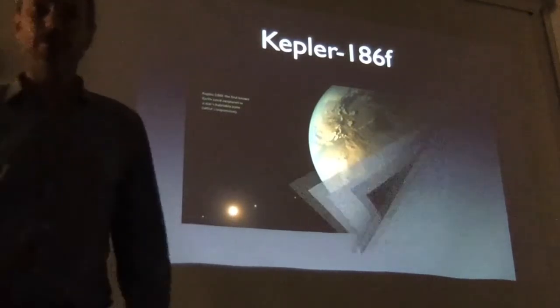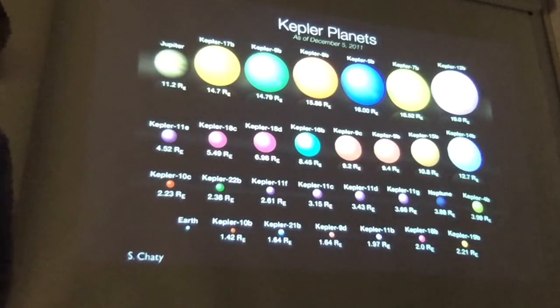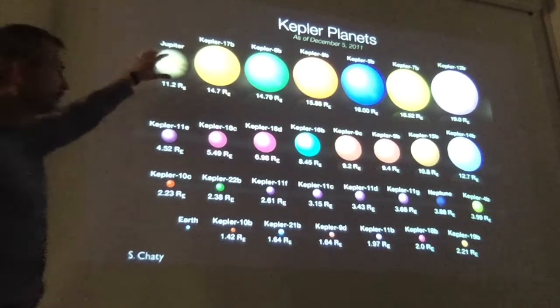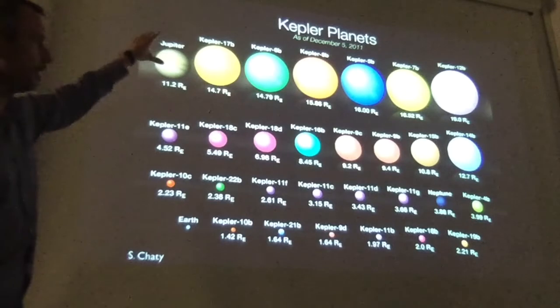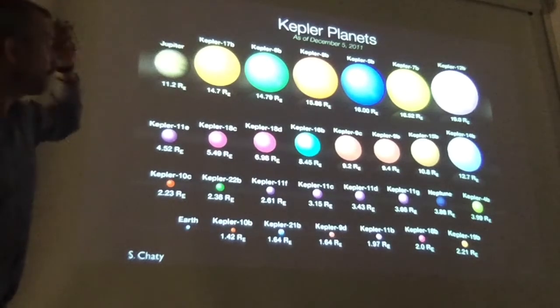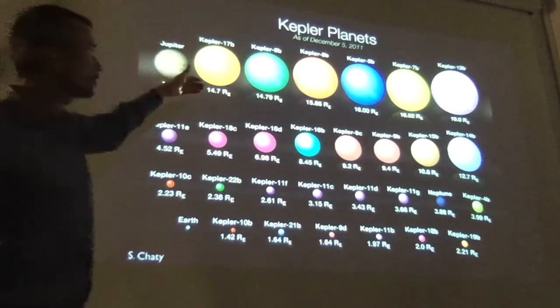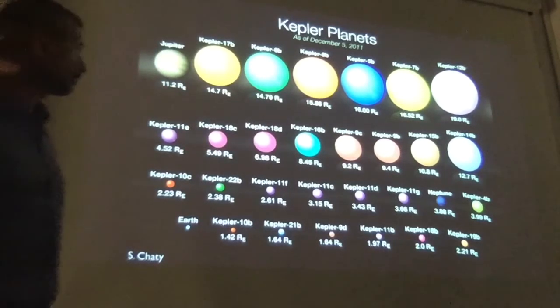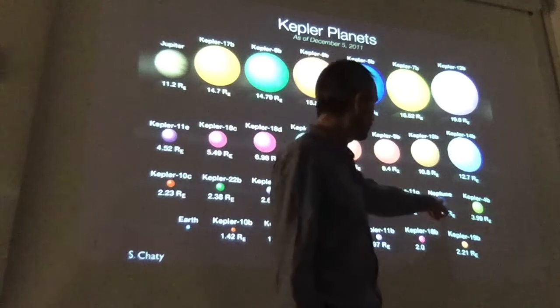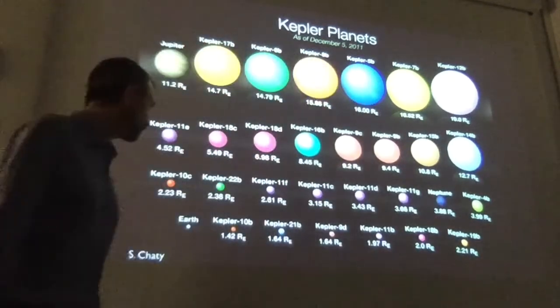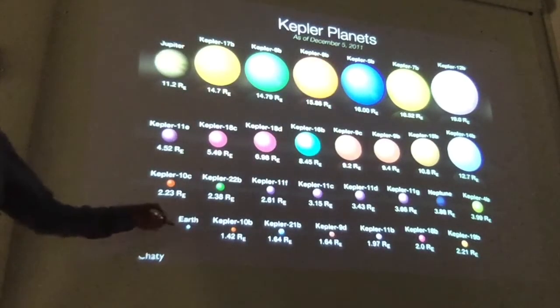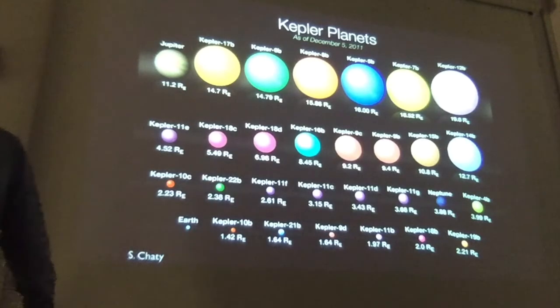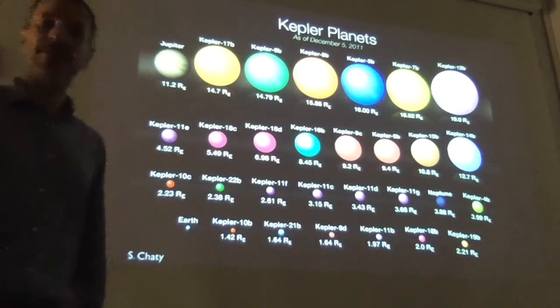Okay, so I just want to show you that there are many exoplanets. I will not describe all of them. This is Jupiter. So this is not an exoplanet, but all the others are exoplanets, and you see that there are different radius, a big diversity. This is Neptune here, and this is the Earth. Okay, so big diversity in radius, in mass, etc.